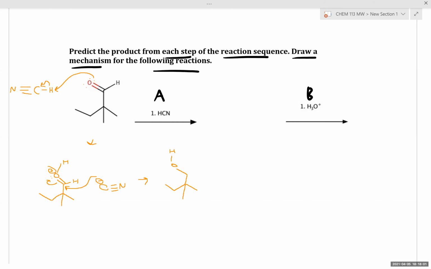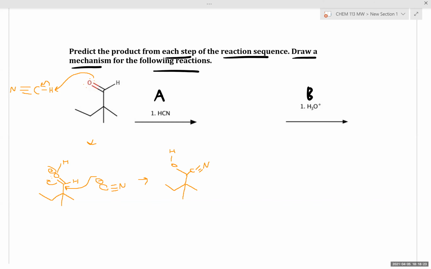Next, our equivalent of cyanide, which is our nucleophile, will attack our electrophilic carbonyl carbon, generating a cyanohydrin. Perfect. So we make the following cyanohydrin after our first step, which is treatment of this aldehyde with hydrogen cyanide.